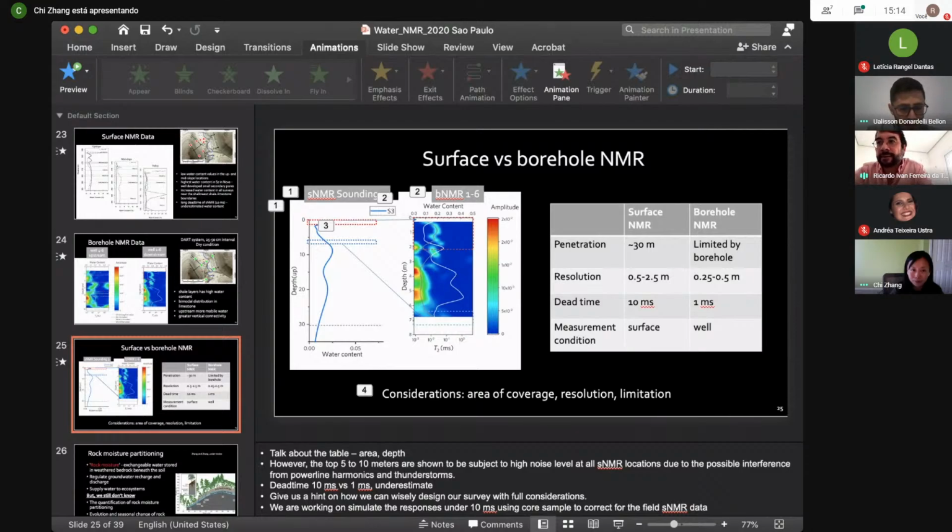No, just to thank Chi for being with us. It was really great to have that perspective on the critical zone here, and we are really not into surface NMR.